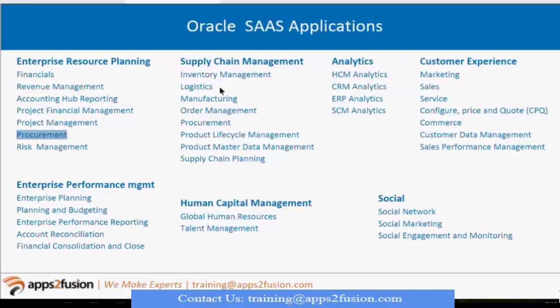Then you have supply chain management. Under that you have inventory management, logistics, order management, supply chain planning, all those things. So this supply chain, it was available from release 11. So earlier we had distributed order orchestration, and then order management and other things came in release 11.